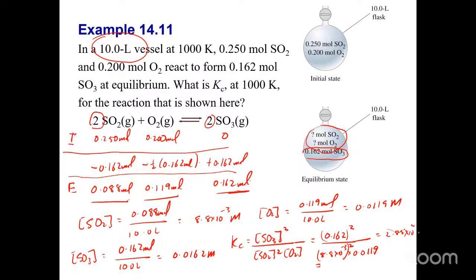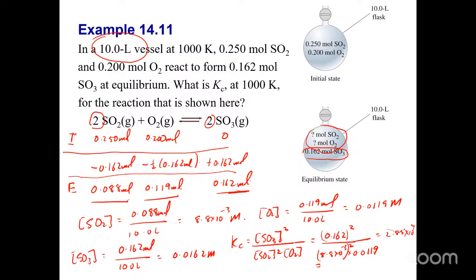All right, let me do this again just to make sure. 0.162 squared divided by... Yeah, that's all different. I got 2.51 times 10 to the 2. Let me do this again. Did you square the 8.8 times 10 to the negative 3? All right, let me try it again. 0.162 squared divided by 8.8 times 10 to the minus 3 squared.